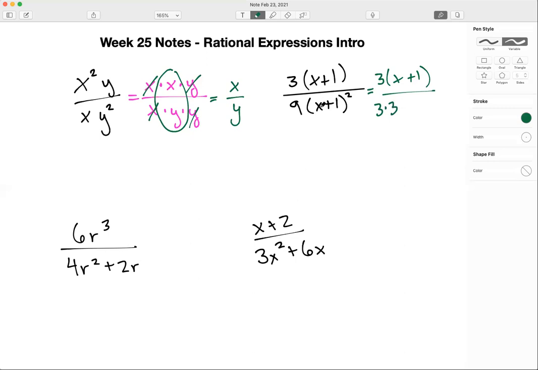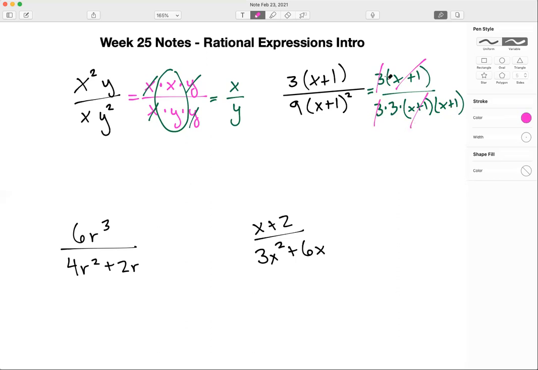And then I'm going to write this as an x plus 1 times an x plus 1. So now you can see there are things on top and bottom we can cancel. We can cancel the 3 on top and bottom. Boom. Basically it becomes a 1 or just goes away. And we can cancel the x plus 1 on top and the x plus 1 on bottom.